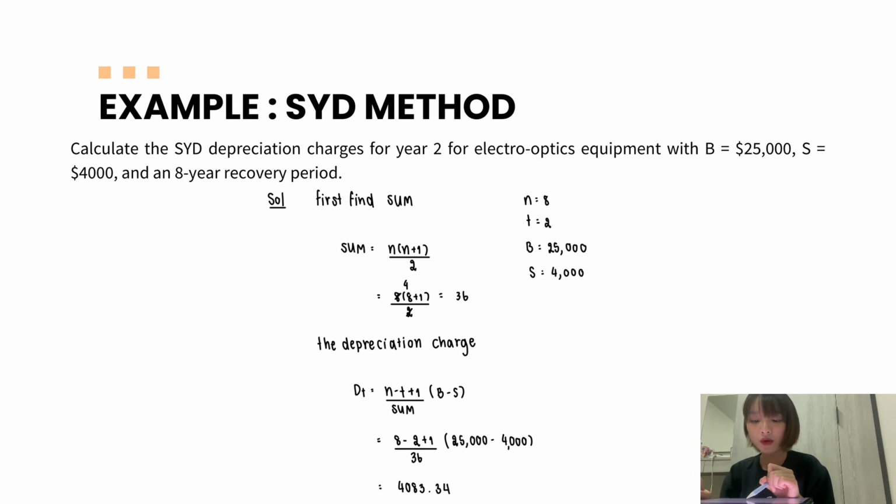Sum is equal to n multiplied by n plus 1, divided by 2, and it gives 36. The depreciation charge dt is equal to n minus t plus 1, divided by the sum, multiplied by the basis minus the salvage. So it gives 4083.34.